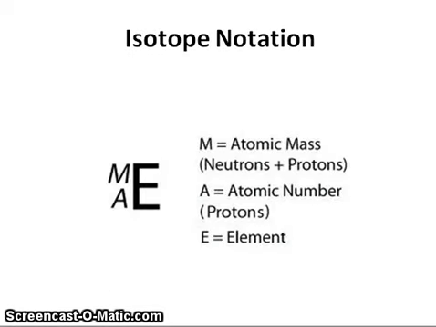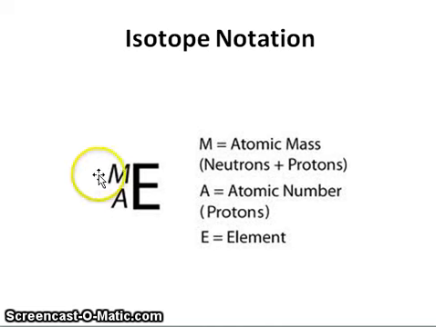So this is how isotope notation or isotopic notation would look. We would have the element, and in this case we only have one letter, but remember that the element can have two or three letters. Then the number on the bottom left will be the atomic number, and remember that the atomic number states the number of protons that this atom has.